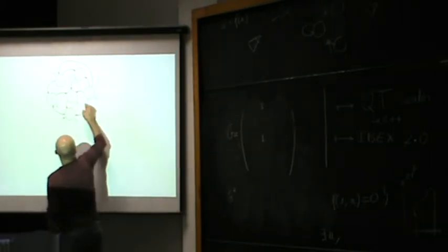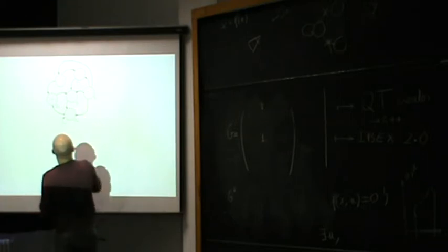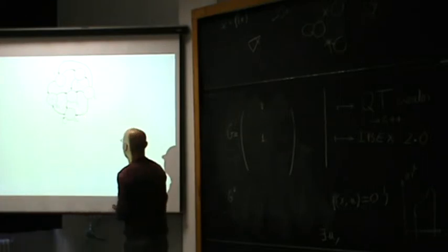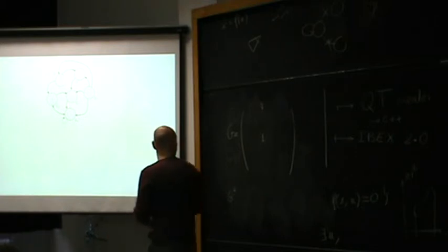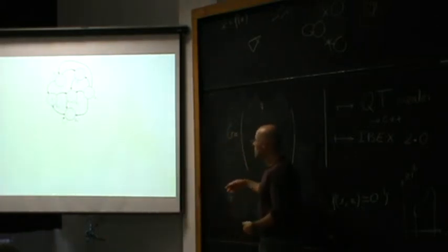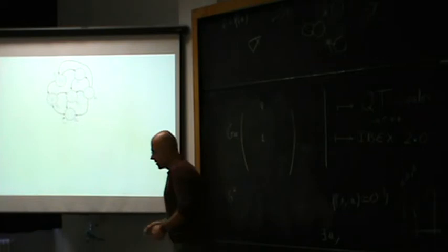If I have 2 arrows, for instance, this one and this one, then I can say that there is a path of length 2 between this one and this one. And G squared corresponds to all relations of length 2.